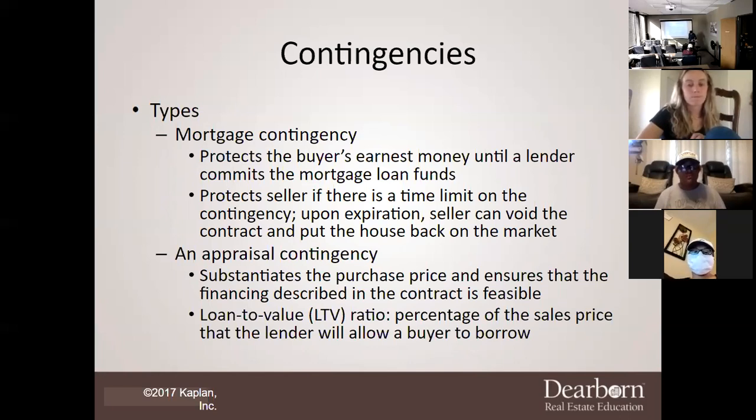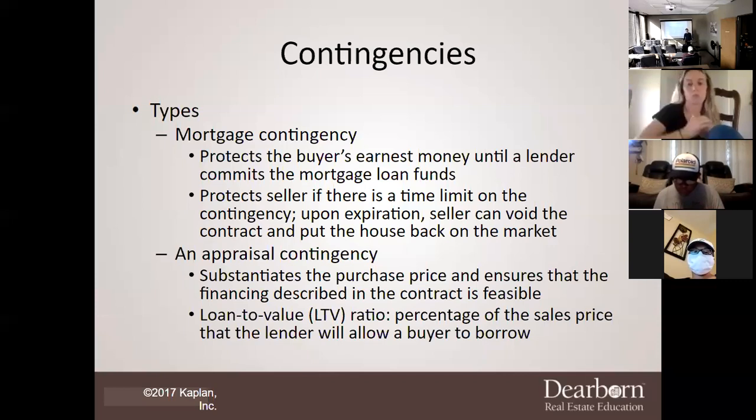Another one is an appraisal contingency. That substantiates the purchase price and ensures that the financing described in the contract is feasible. And there's a loan to value ratio, a percentage of the sales price that the lender will allow the buyer to borrow. If you're ever going to get financing for a house, the lenders are going to require an appraisal contingency, because they want to know what the house is going to be worth.